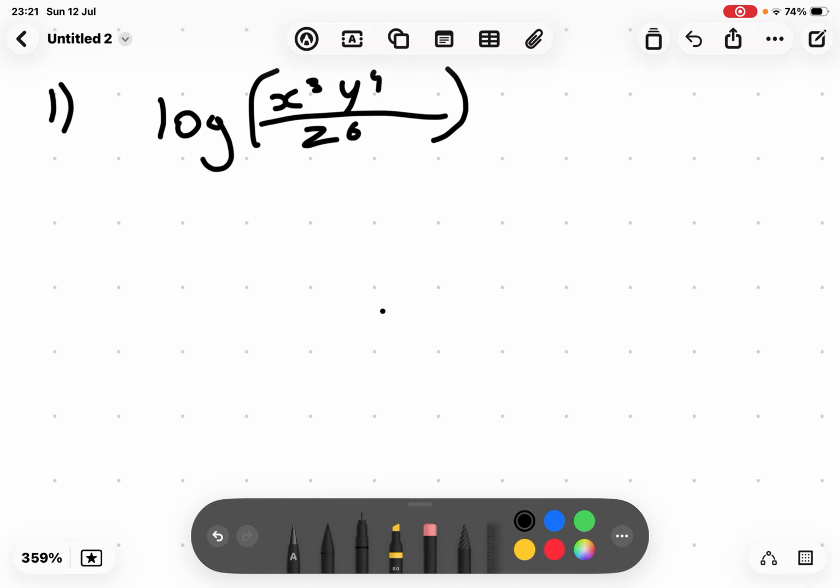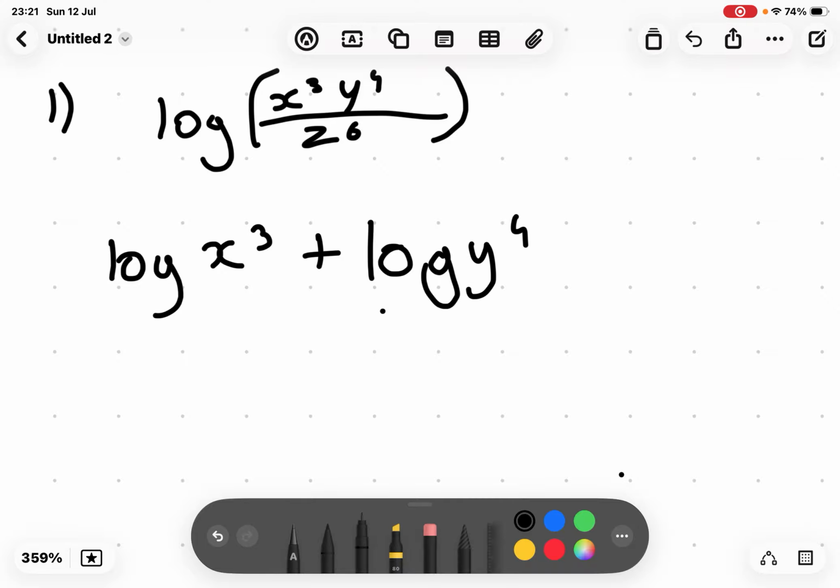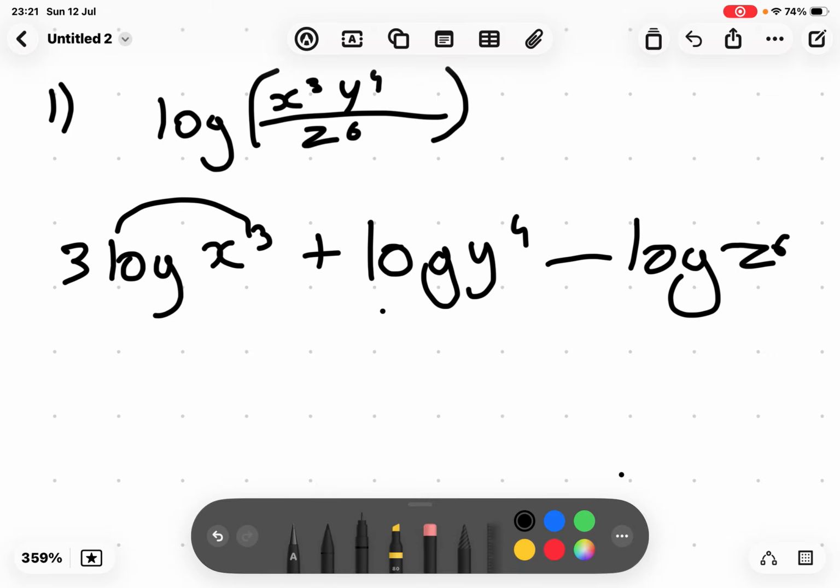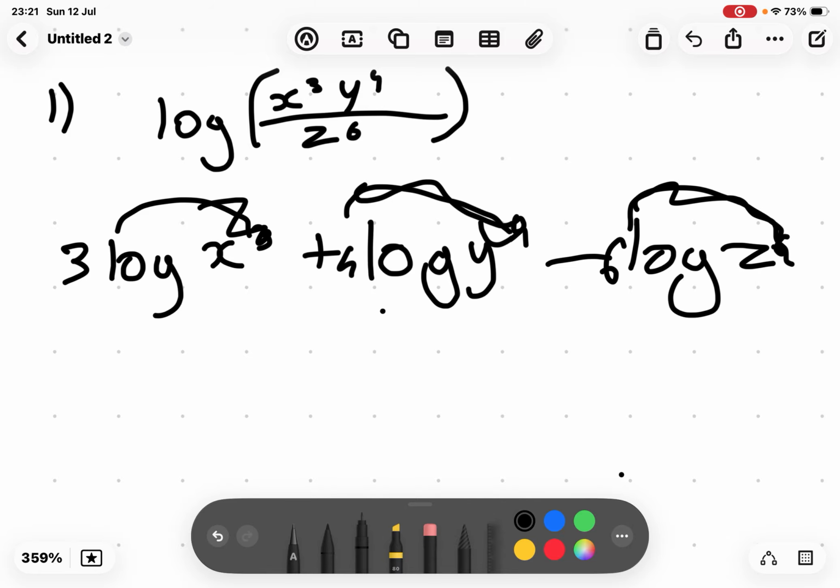There's no exact rule for what we have to do, but most of the time we just have to do the opposite of what the law tells us, like a different version of this. So let's go. Log x3 take away log plus log y4 take away log c6, and then we put the numbers here. And this would be our final answer.